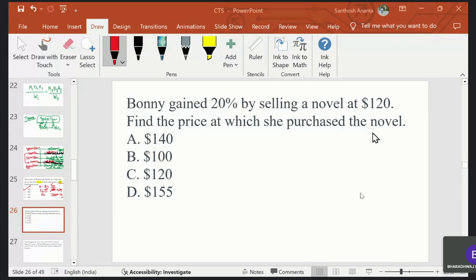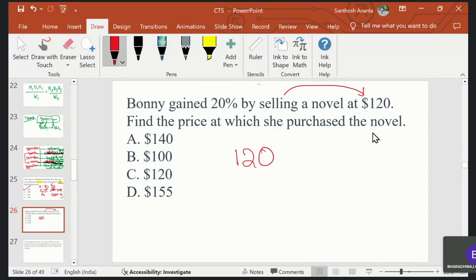Let us check whether the answer is 100 or not. Dhoni gained 20 percent by selling a novel for $120. We know the selling price. What is the selling price? 120 in terms of value.